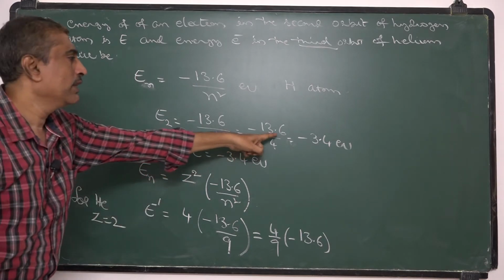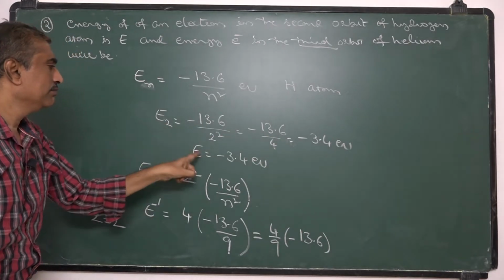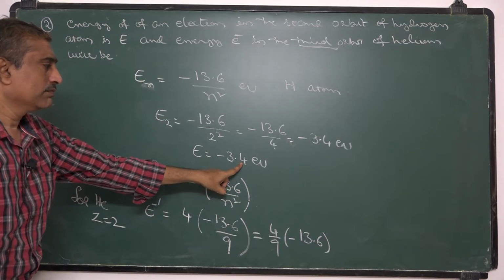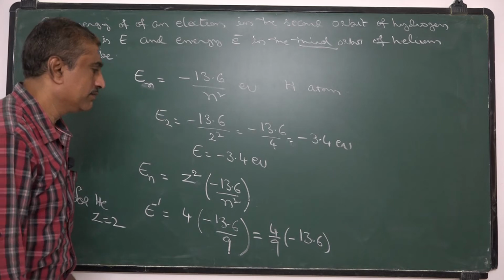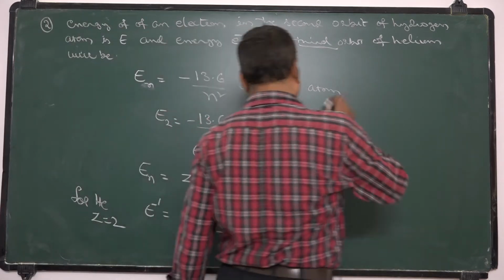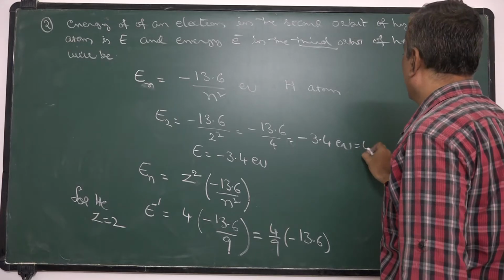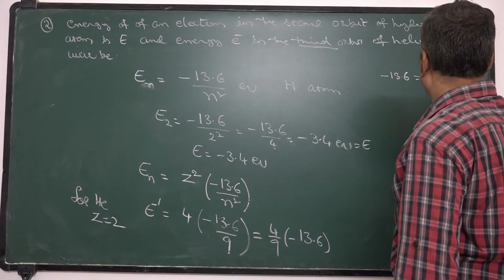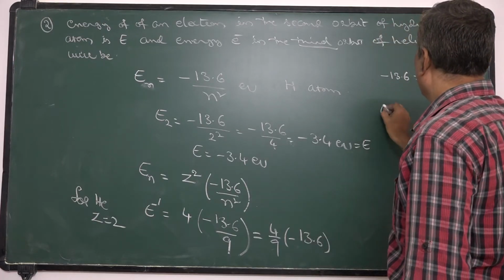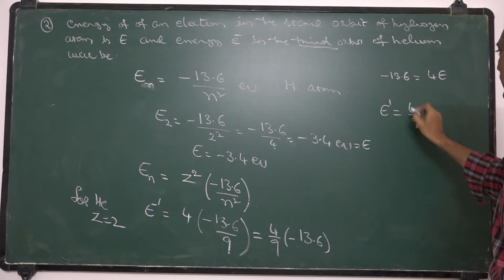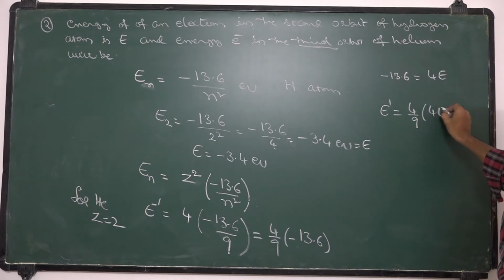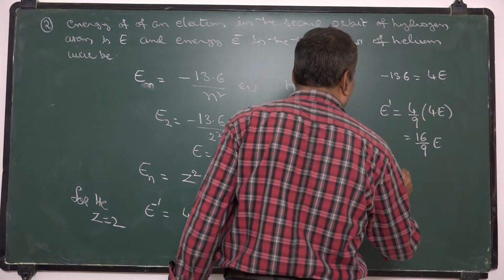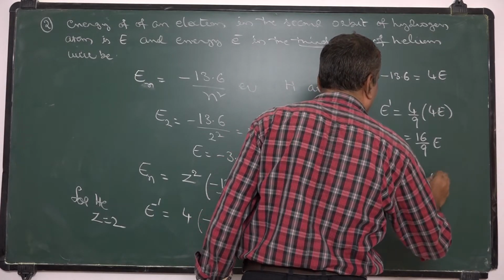But from this equation, E is minus 13.6 by 4, so 13.6 is equal to 4E. Now we are substituting here, E dash is equal to 4 by 9 and 13.6 is equal to 4E. That is 16 by 9E. Therefore, E dash is equal to 16 by 9 into E.